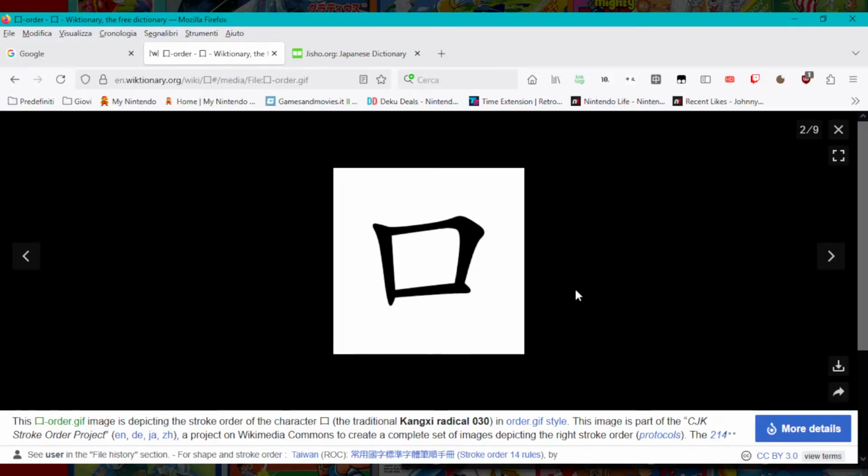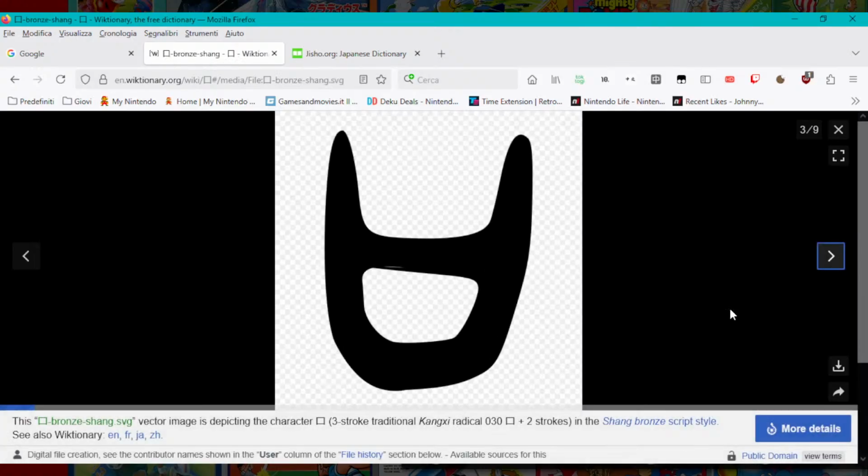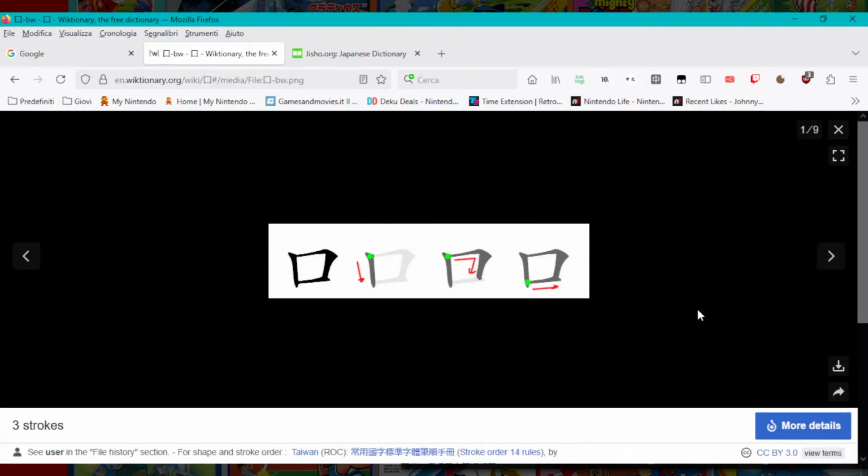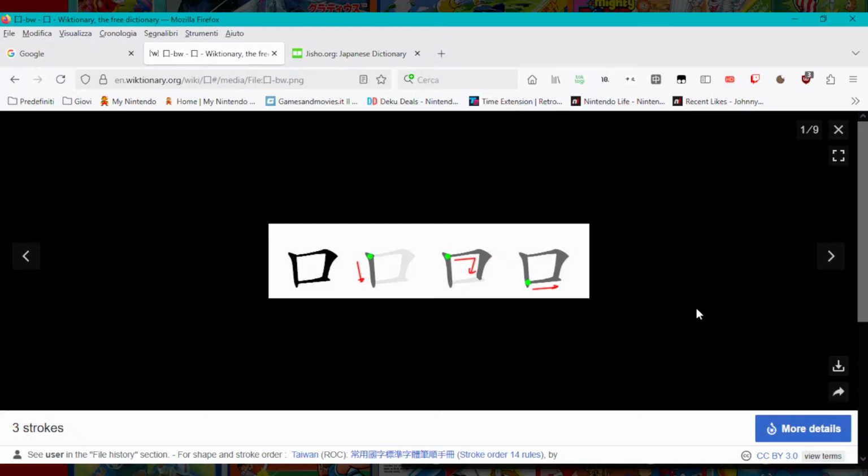As you can see, not sure if the animation shows up in the video, but yes, you start here, top to bottom, left to right, top to bottom as a single stroke, and then left to right at the bottom. Top to bottom, left to right, top to bottom, left to right. As you can see, this is how the pictogram used to be, as you can see here, also with the arrows.